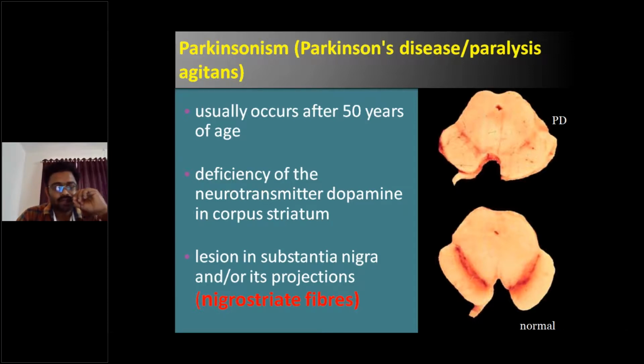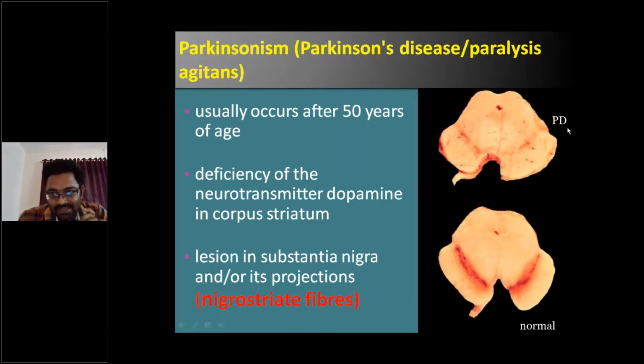It is caused by a lesion in substantia nigra and or its projections, mainly nigrostriate fibers.